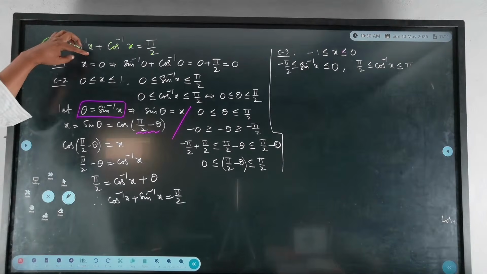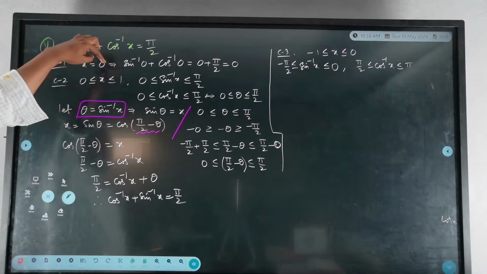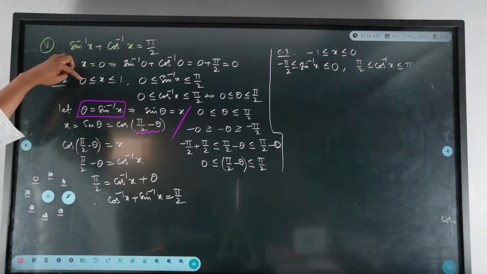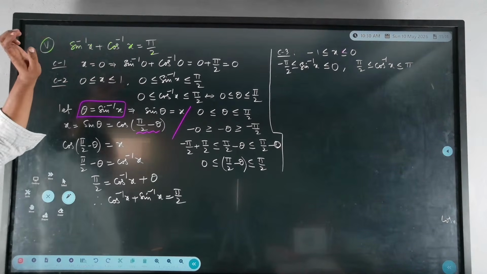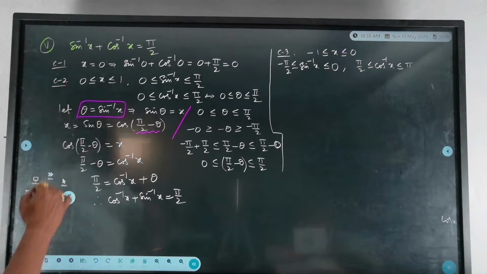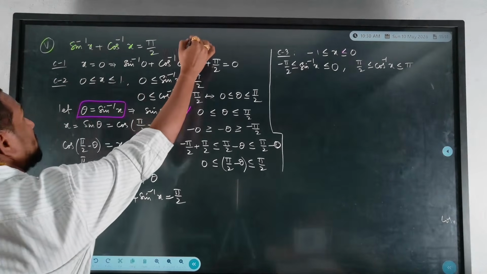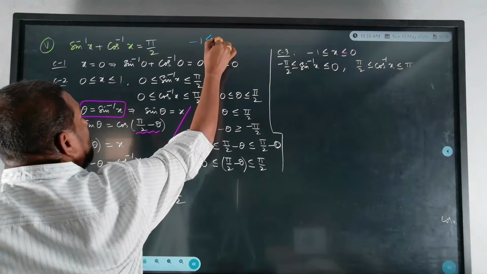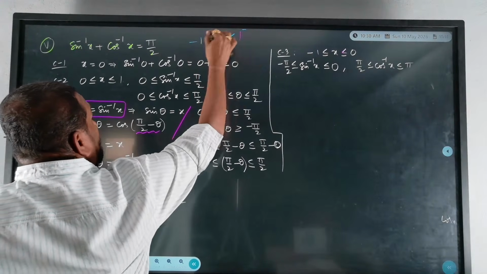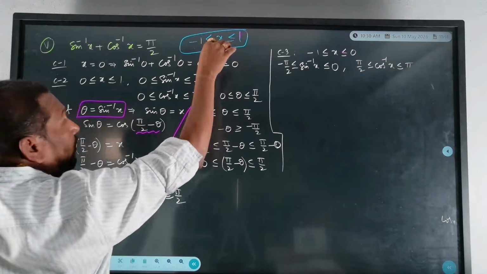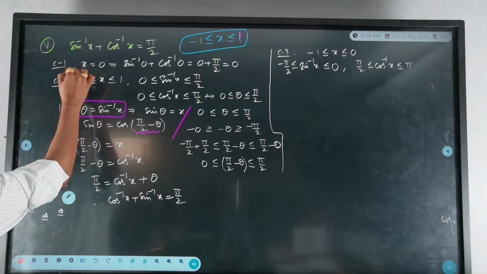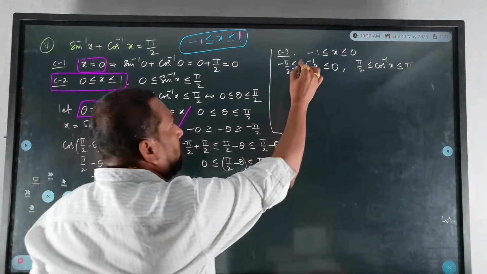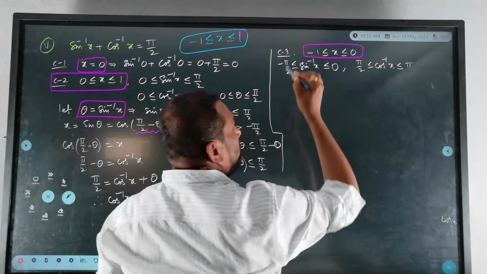So x is equal to 0: sin inverse 0 is 0, cos inverse 0 is pi by 2. For x values from 0 to 1, since for both sin and cos x lies between -1 and 1 only, this -1 to 1 will now be split into 3 parts: one is x equal to 0, the other is 0 to 1, and the third is -1 to 0.